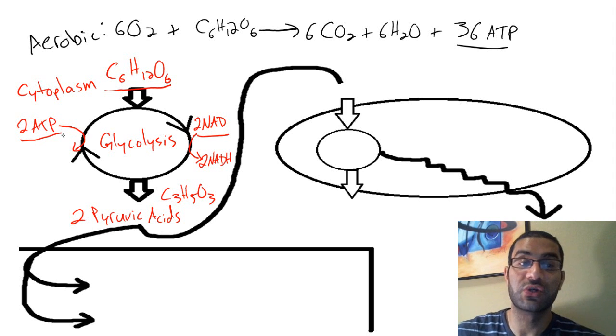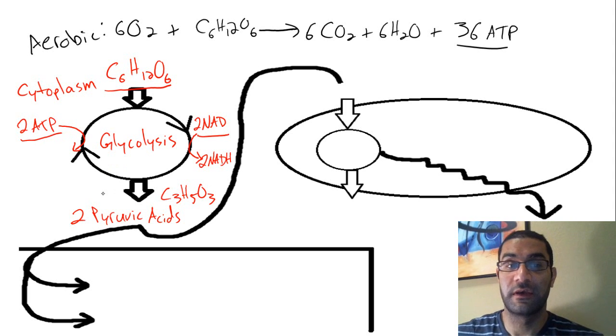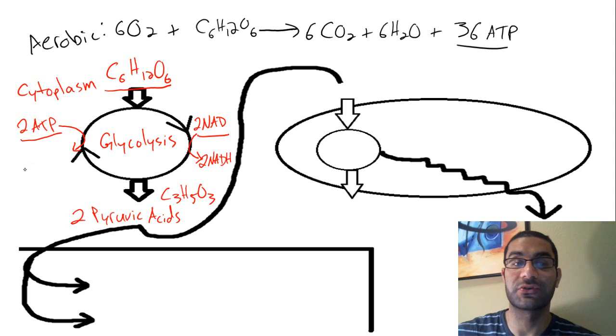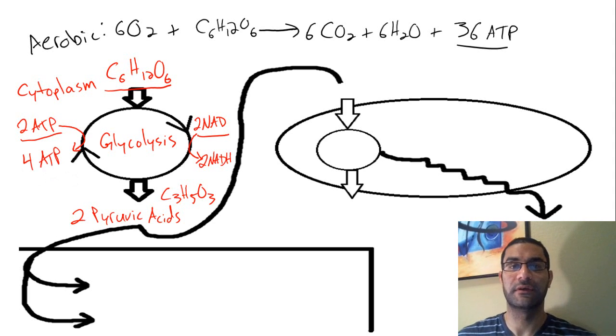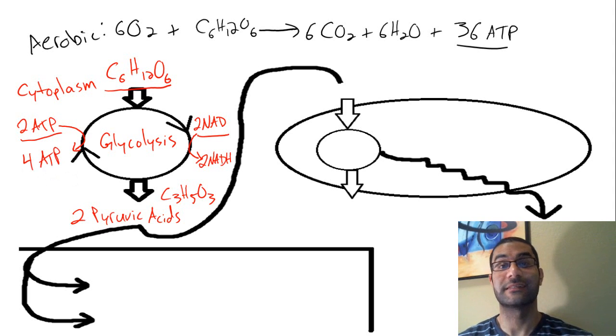So you invest 2 ATP molecules in every cycle of glycolysis. But in every cycle, you actually end up making 4 ATP molecules. So here's where the idea of net compared to gross amount comes into play. If I invested 2 ATP molecules in, and in the process I ended up making 4, overall, what do I end up with?